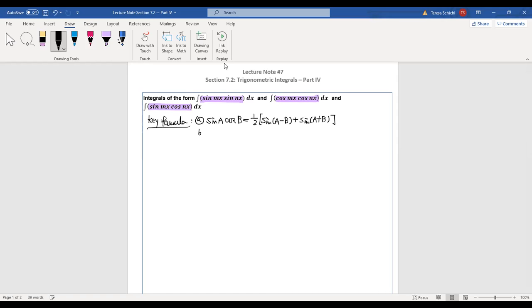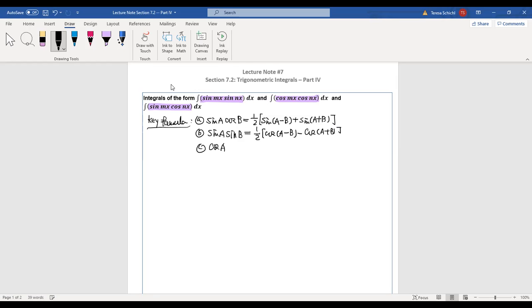Okay, and then for the second one, if I have sine A sine B, then the formula we're going to use will be 1/2 cosine A minus B, minus cosine A plus B. And the other one is a cosine combination.